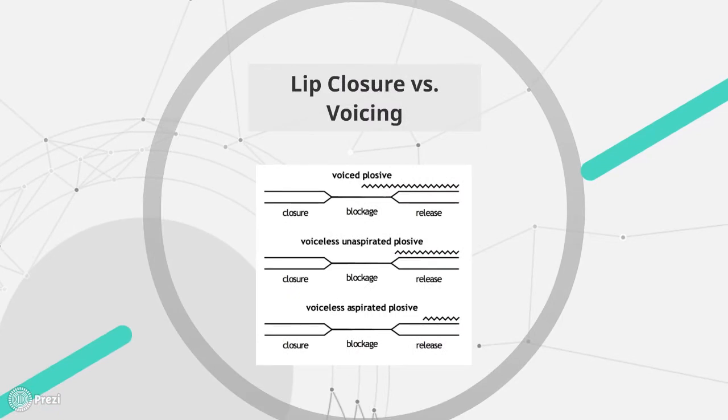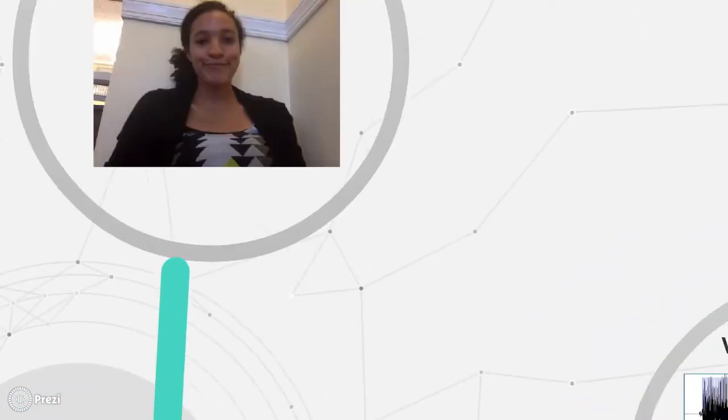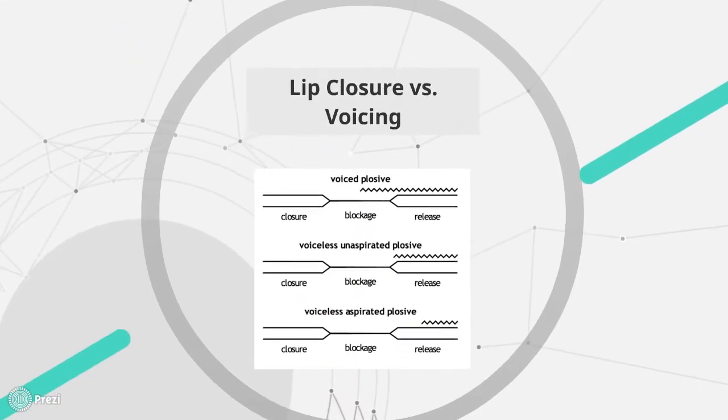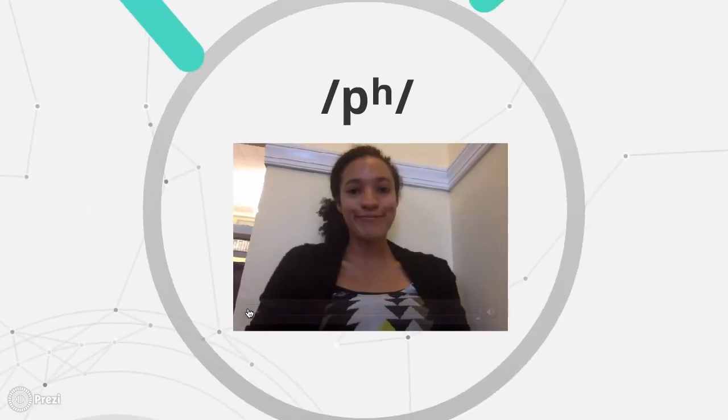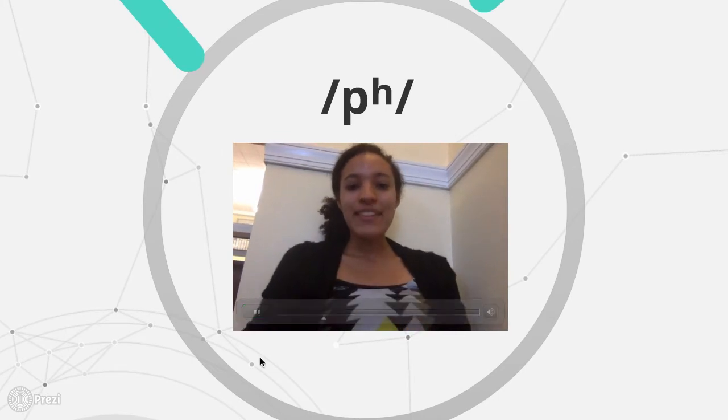In a voiceless unaspirated plosive, vocal fold vibration begins with the release of the lip closure. An example of this would be when a person says p as in pan. In a voiceless aspirated plosive, voicing begins even later following the release. An example of this is when a person says p as in push.